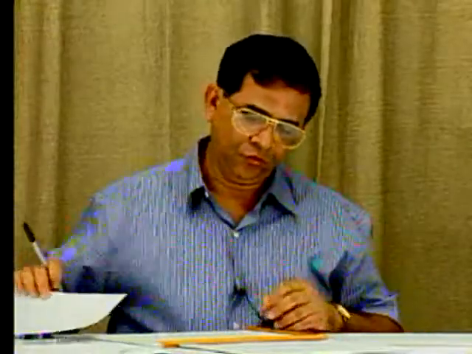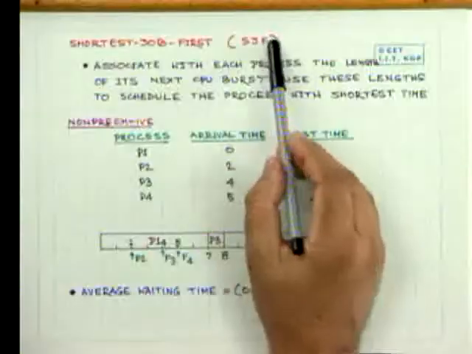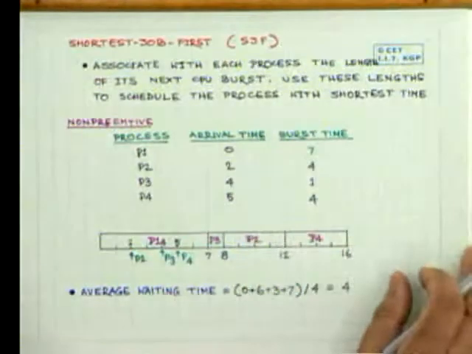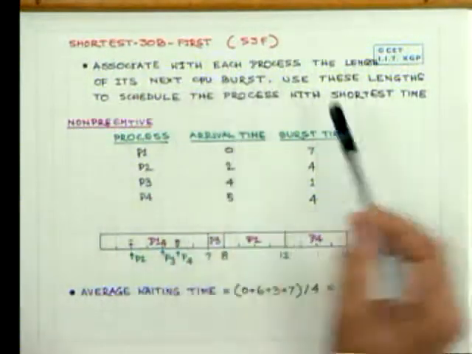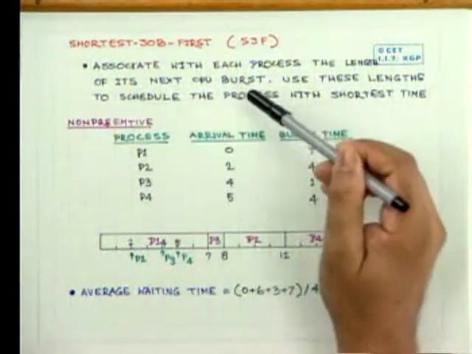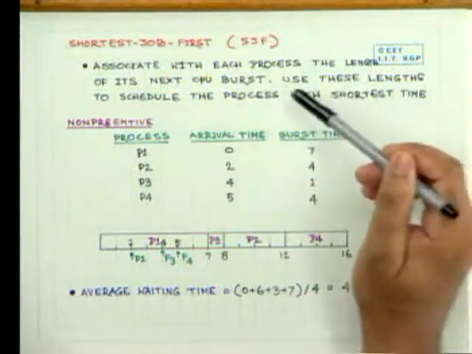Now, let's come to the next algorithm, which we call the shortest job first algorithm, or SJF. Here, associated with each process, the length of its next CPU burst is kept.